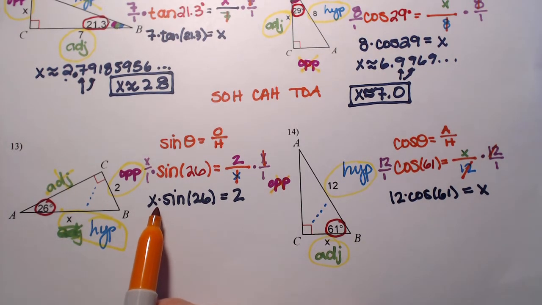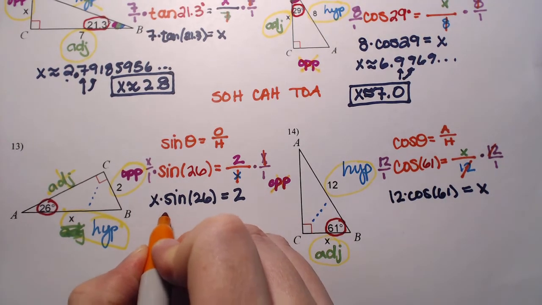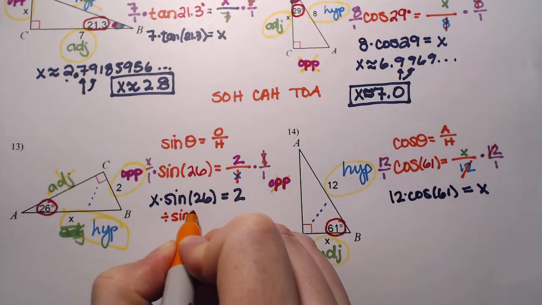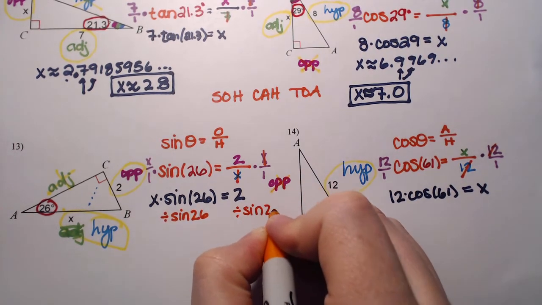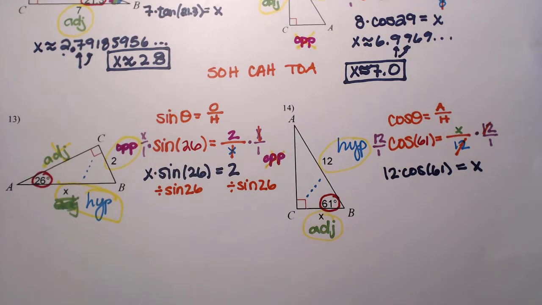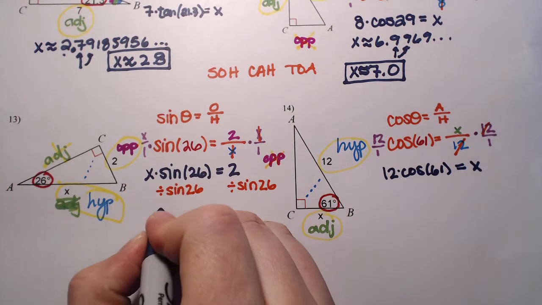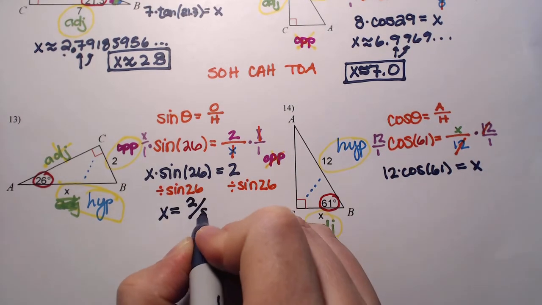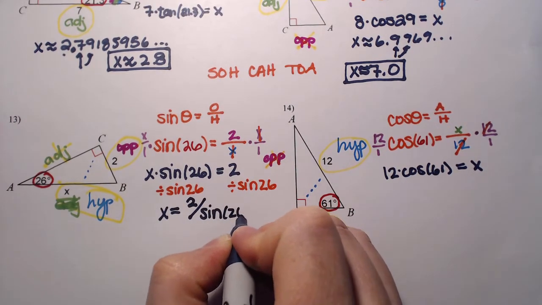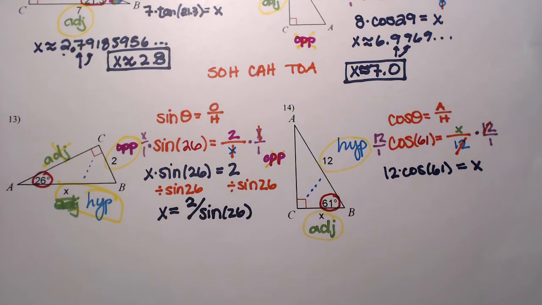Well, it's being multiplied by sine of 26. That's a whole thing. So I'm going to divide by sine of 26. And what that's going to look like is x is equal to 2 divided by sine of 26. And now we're ready to type both of them into the calculator.